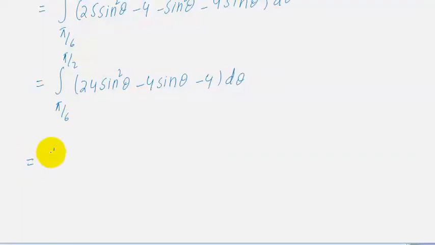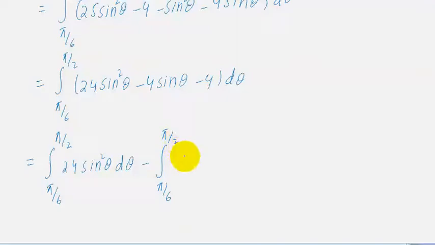Now this is equal to the definite integral from pi by 6 to pi by 2 of 24 sin square theta d theta minus the definite integral from pi by 6 to pi by 2 of 4 sin theta d theta minus the integral from pi by 6 to pi by 2 of 4 d theta.